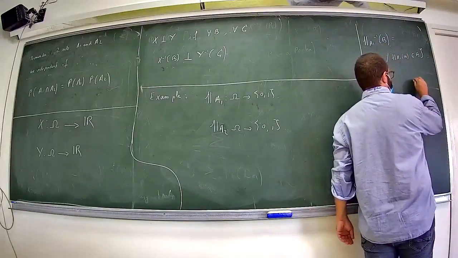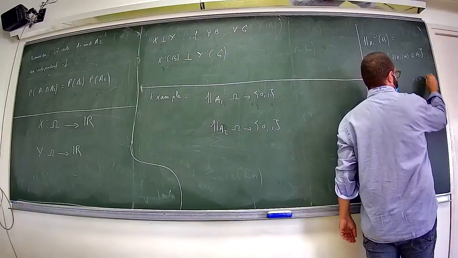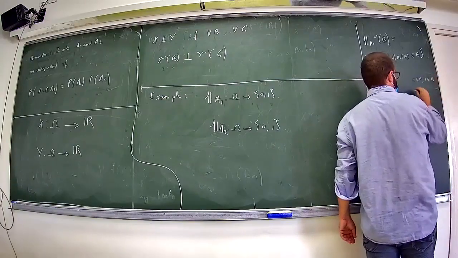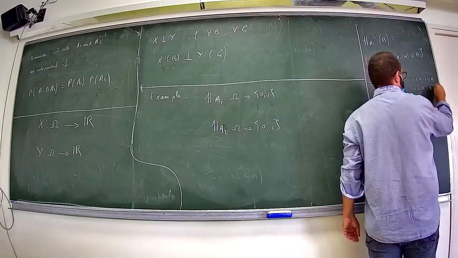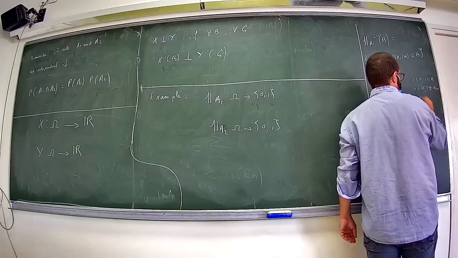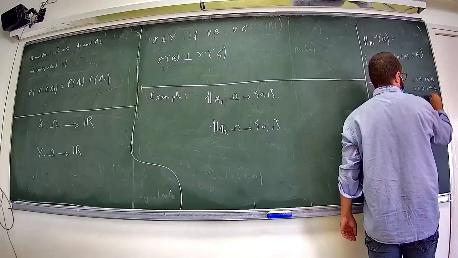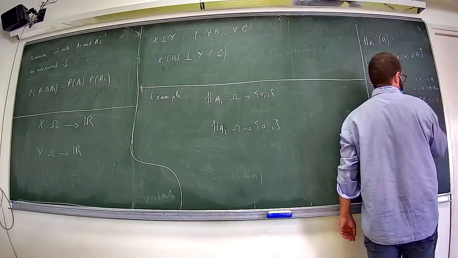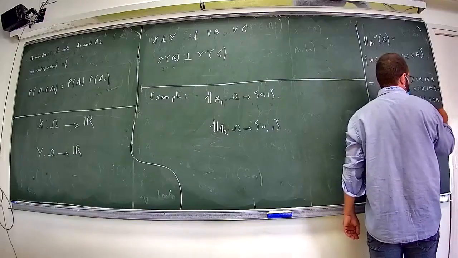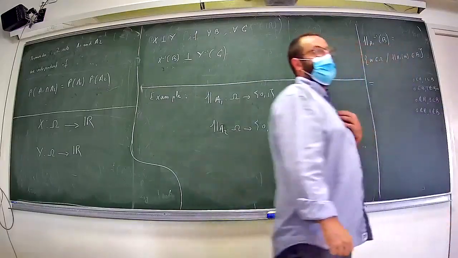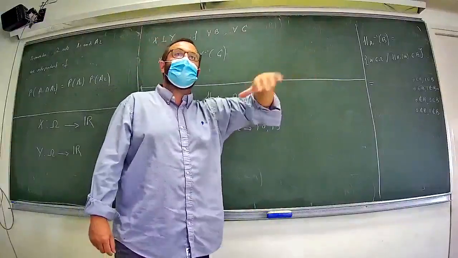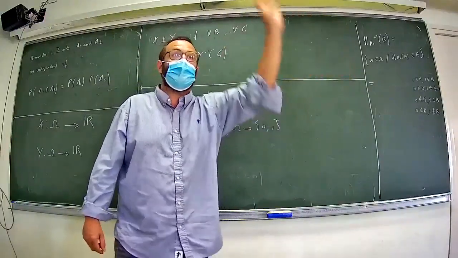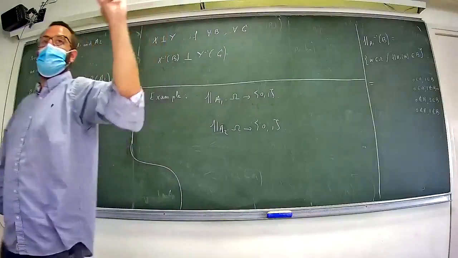The case where 0 belongs to B, 1 belongs to B. The case where 0 belongs to B, 1 doesn't. 0 doesn't belong to B, 1 belongs to B. And 0 doesn't belong to B, 1 doesn't belong to B. B is a subset of R, and I have only these four possibilities. 0 is in B or not, and 1 is in B or not. So I have a total of 4 possibilities.